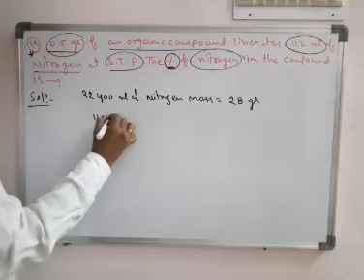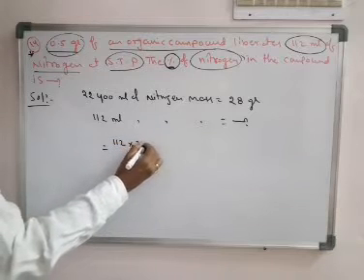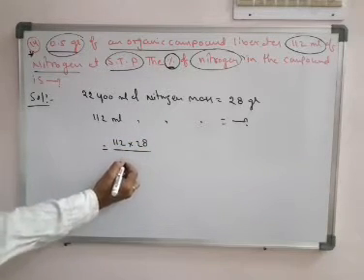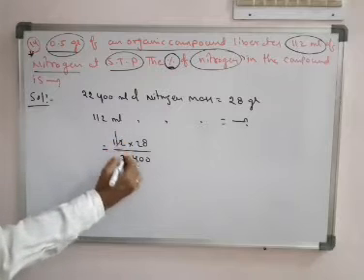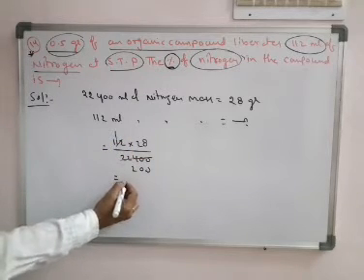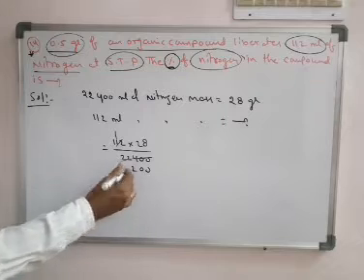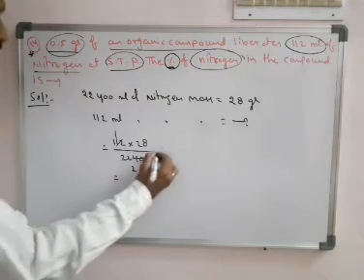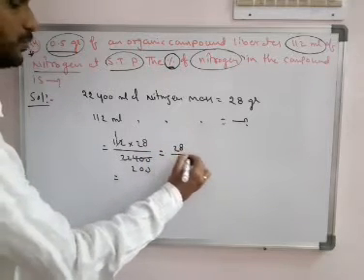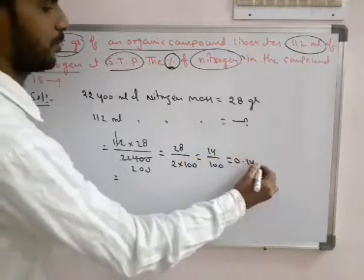Then what about the mass of 112 milliliters of nitrogen? Overall, on the calculation we get 28 times 40 by 100, which we can write as 0.14 gram.